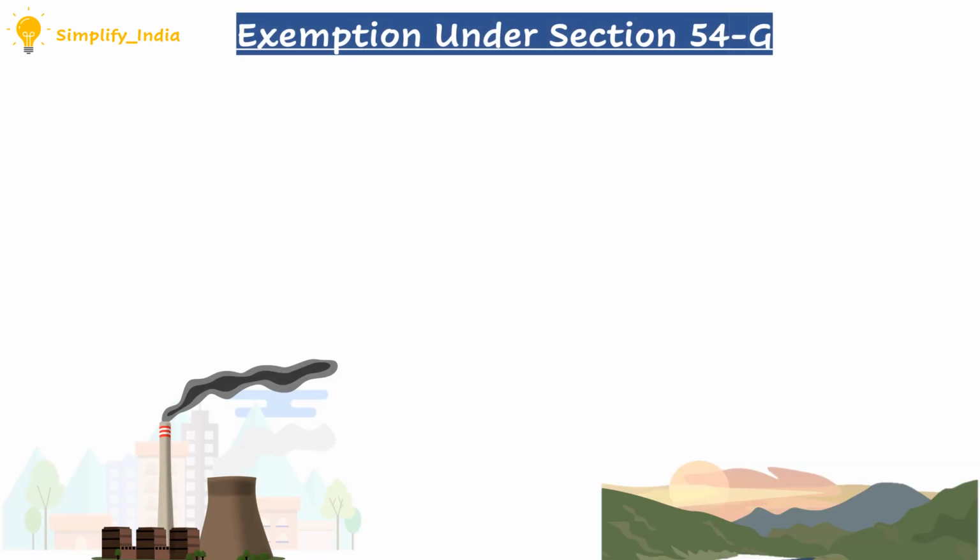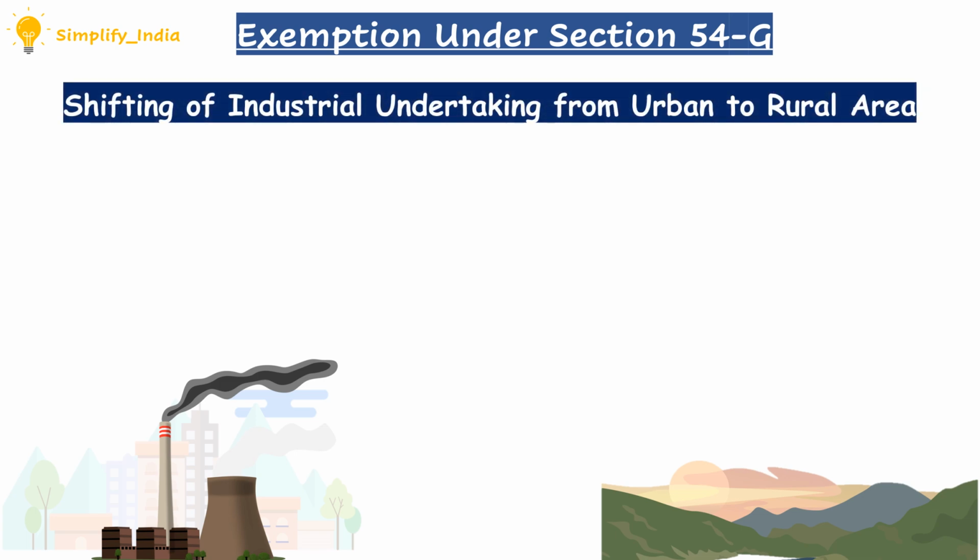Next, we have exemption under section 54G, that is shifting of industrial undertaking from urban area to rural area.